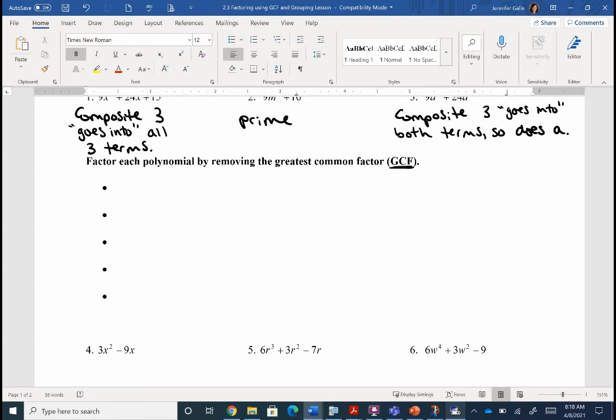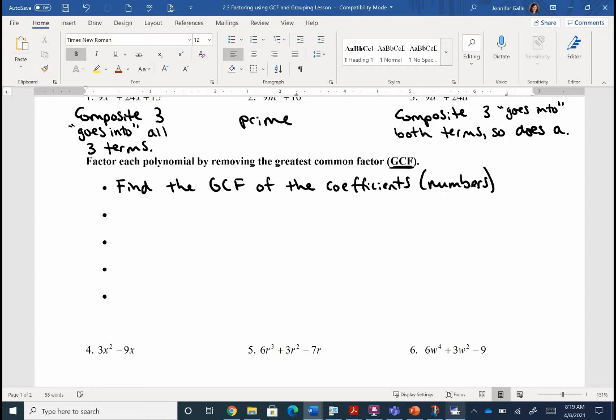All right, so first of all, if we're going to use this method, we want to find the greatest common factor of the coefficients. Or in other words, the numbers.